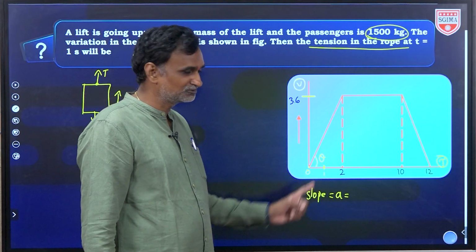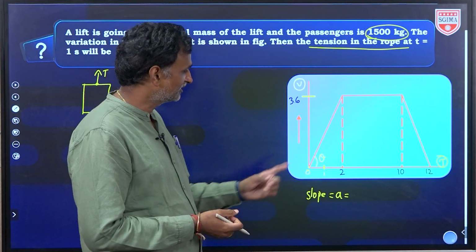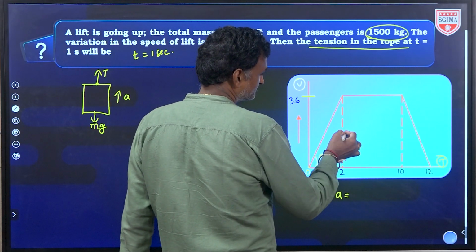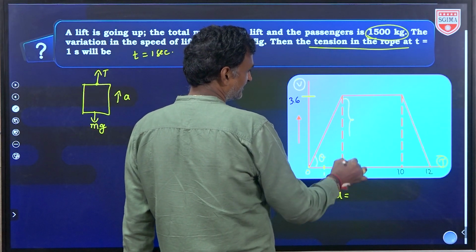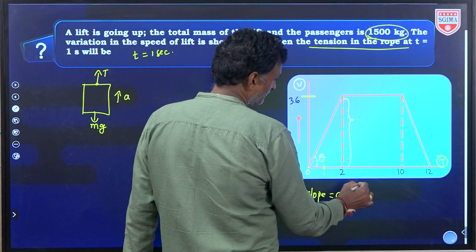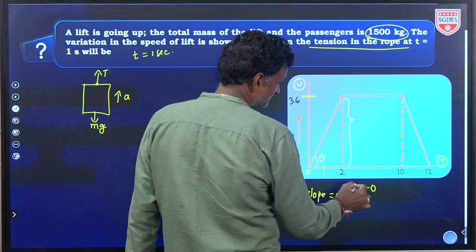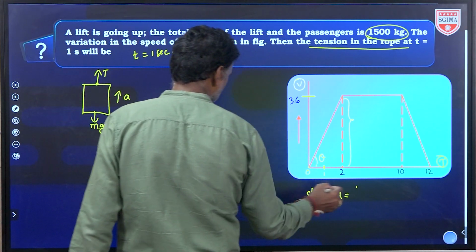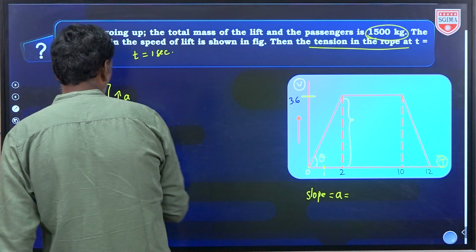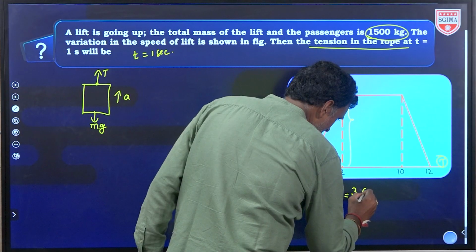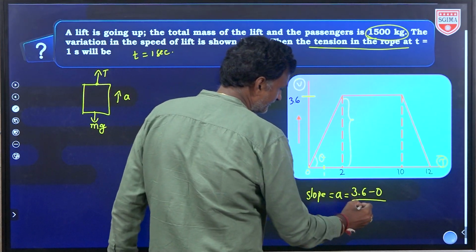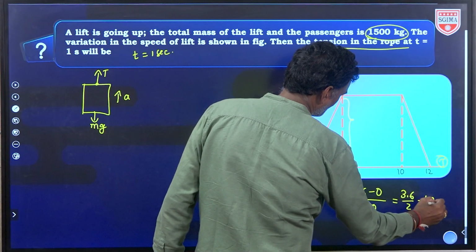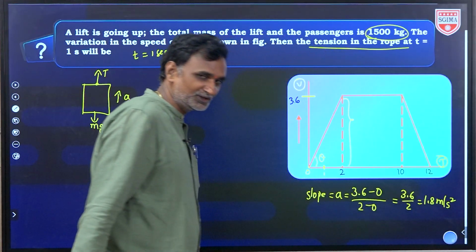From 0 to 2 seconds the acceleration of the lift is constant because the slope is constant. The slope is opposite side by adjacent side. The opposite side length is 3.6 minus 0, by the adjacent side 2 minus 0, that is 3.6 by 2, which is 1.8 meters per second square.